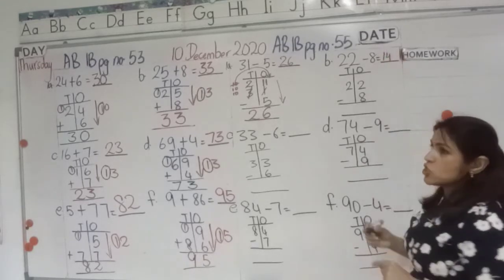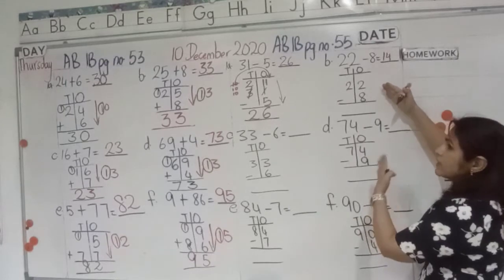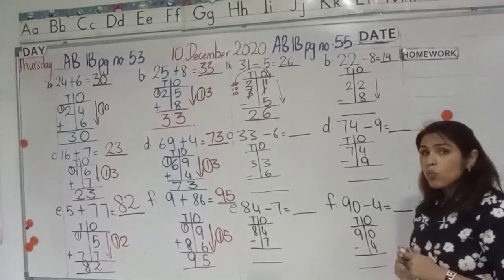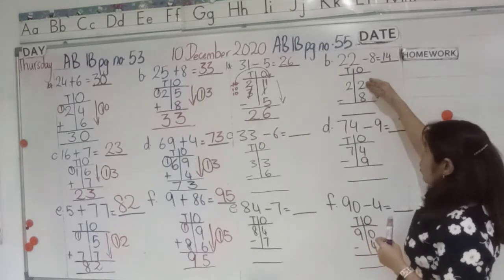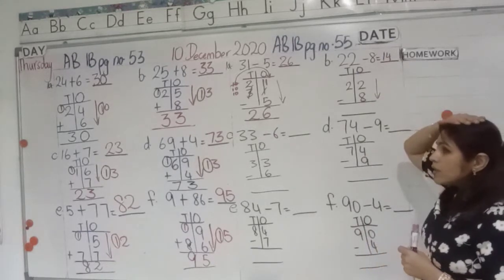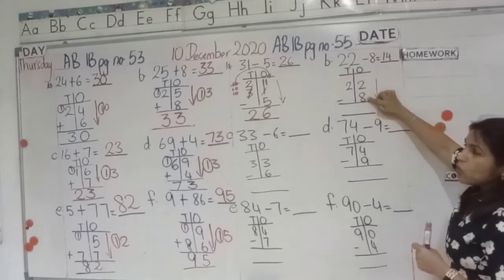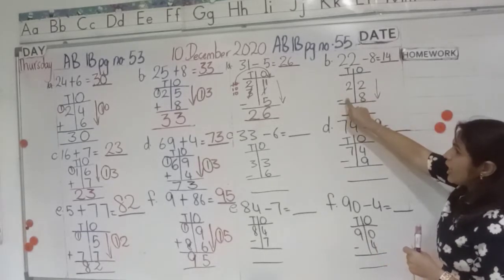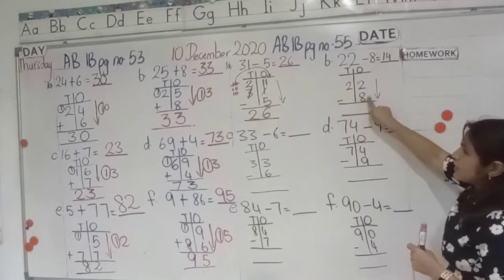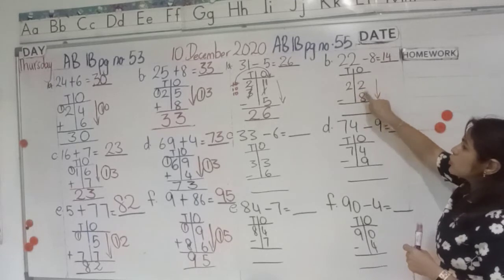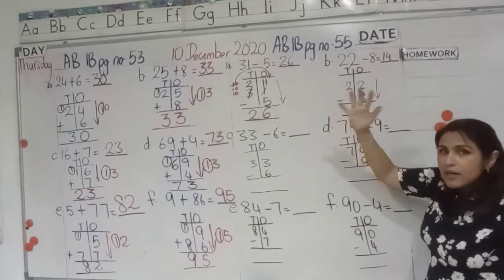Now I'm going to double check it on the tens and ones table. Arrow. Now what did I see? I saw that the top number is smaller than the bottom number. So I cannot subtract, I cannot take away 8 out of 2. So I need to make this 2 into a bigger number.